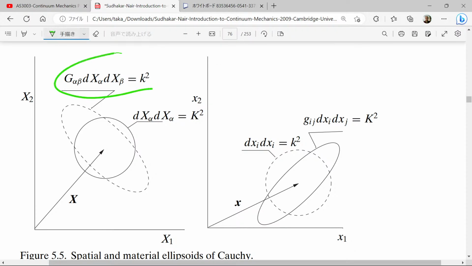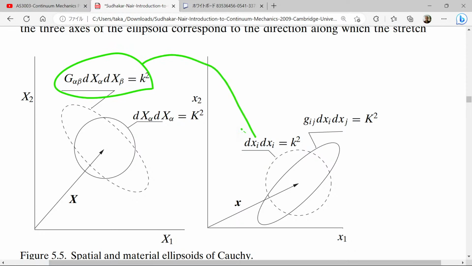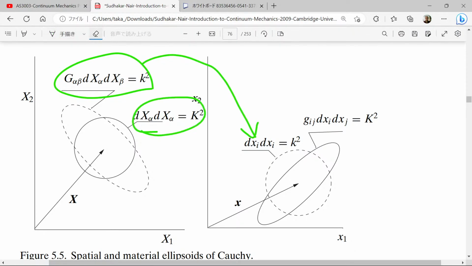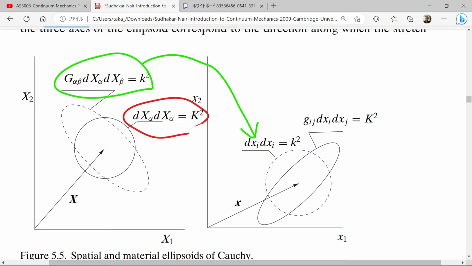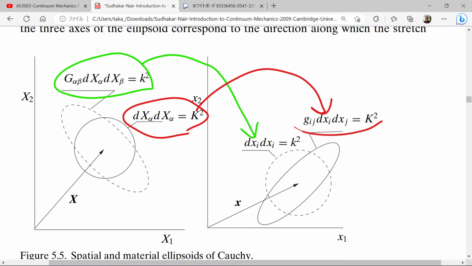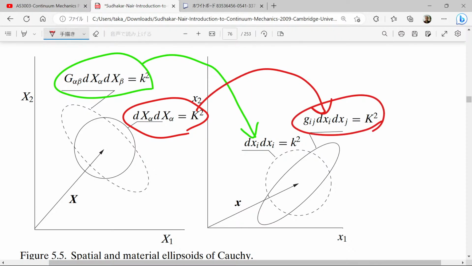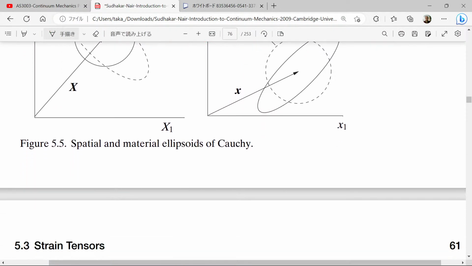So this maps to this. Let me change color. So this sphere maps to this ellipsoid. Okay.